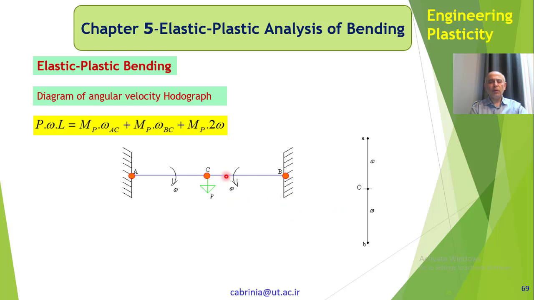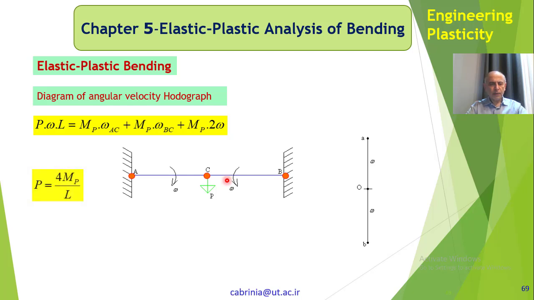So we got 1 omega for AC, 1 omega for BC, and 2 omega for this point. Moving from here to there, we get 2 omega.